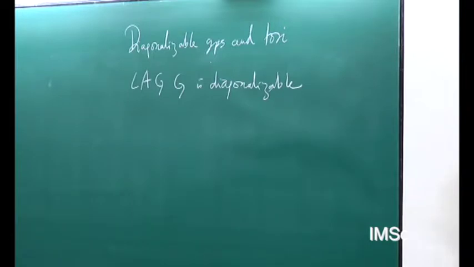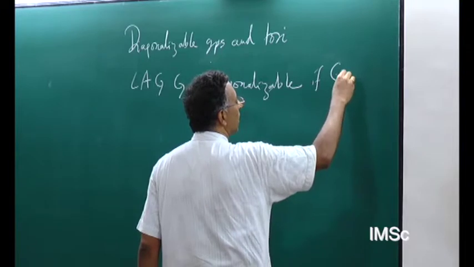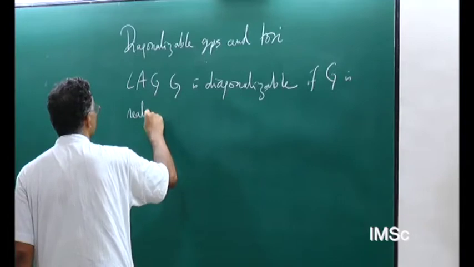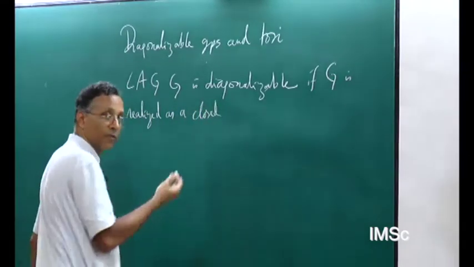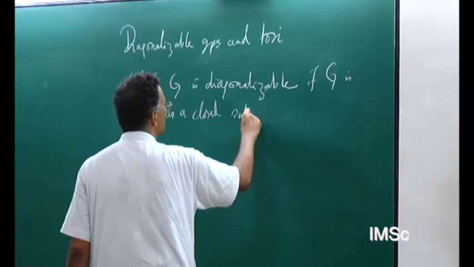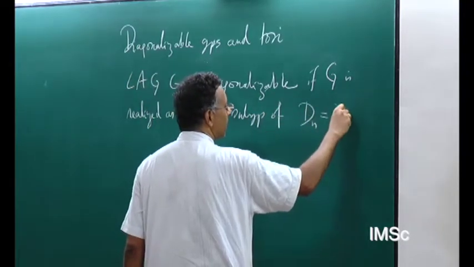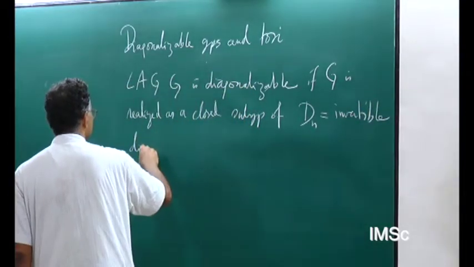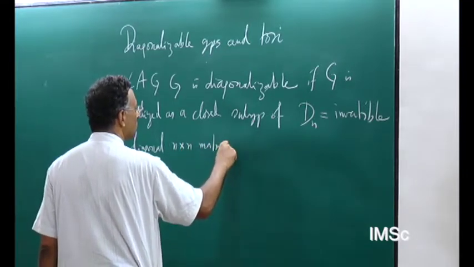It makes sense. G is diagonalizable if G is realized, meaning isomorphic as a linear algebraic group, as a closed subgroup of Dn, which is the group of invertible diagonal matrices, for some n.